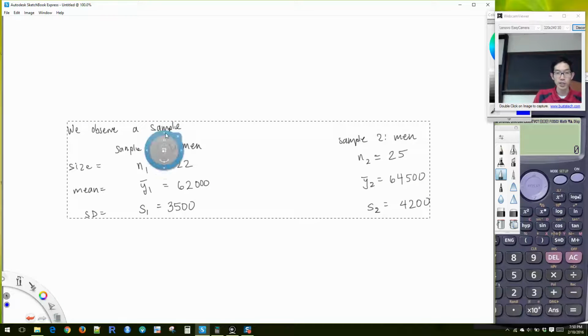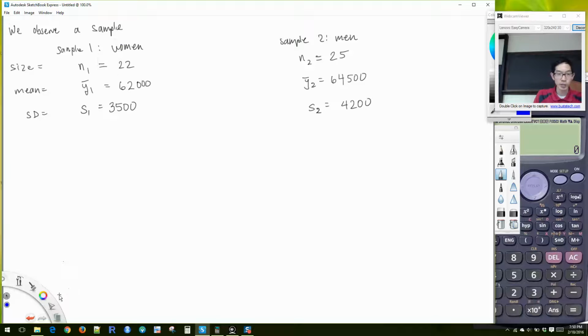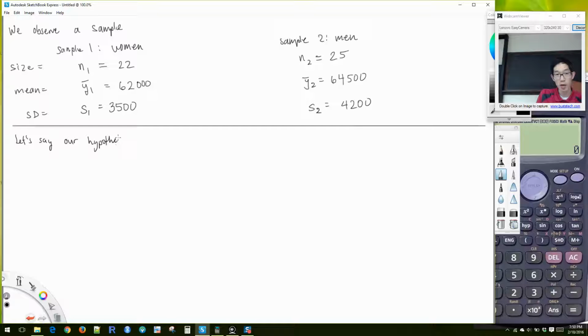All right, so part of hypothesis testing is to write your hypotheses. Okay, so let's say our hypotheses are: the null hypothesis will be symbolically the mean for women is equal to the mean for men, and our alternative will be the mean salary for women is greater than the mean salary for men. Okay?